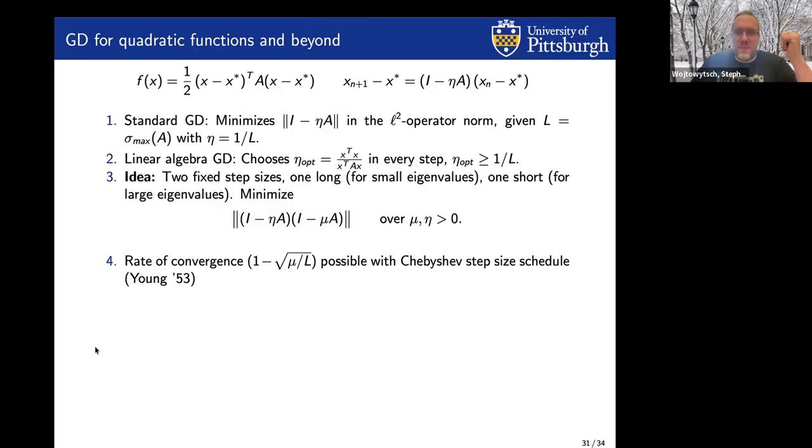And then this goes back to like 53. So we've got a rate of convergence which is precise, which works better, and you need a step size schedule there.